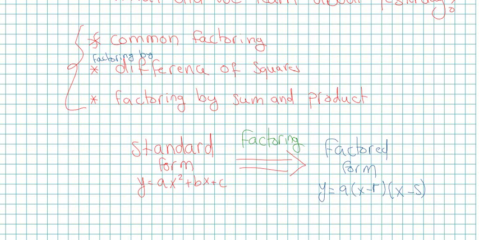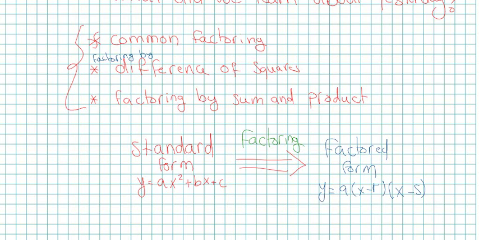Do you guys remember from factored to standard? If I want to go from factored to standard, what do I have to do? What's the opposite process? So if I want to go from this form to the standard form, what do you have to do? FOIL. And what's the name? FOIL is the acronym of first, outer, inner, but what's the name of the whole process?